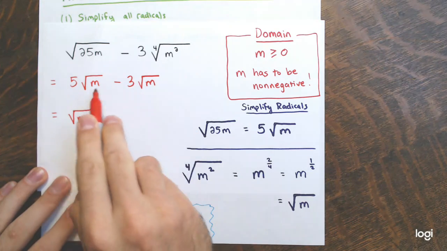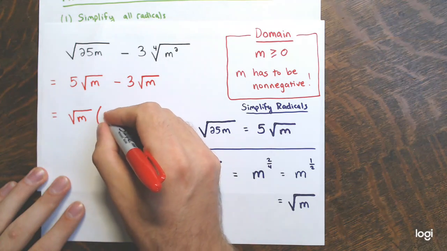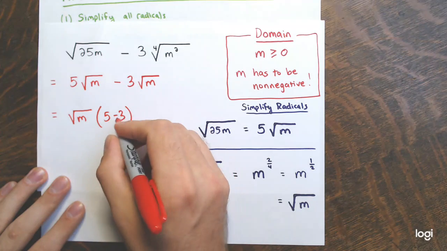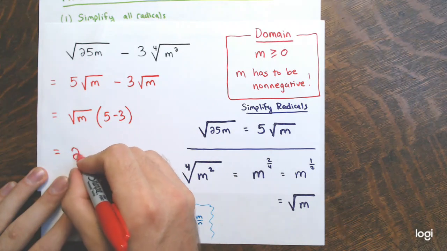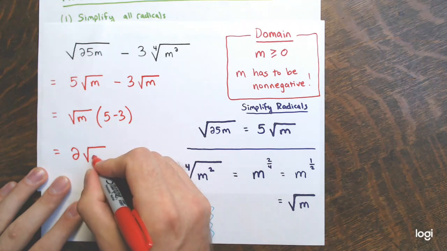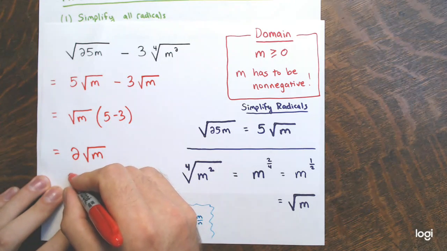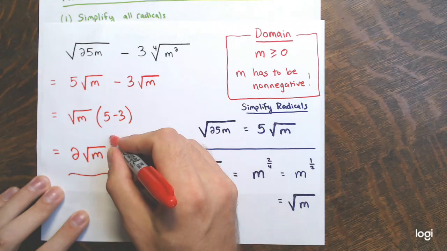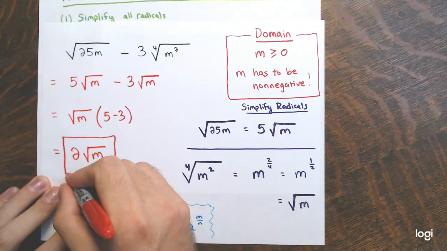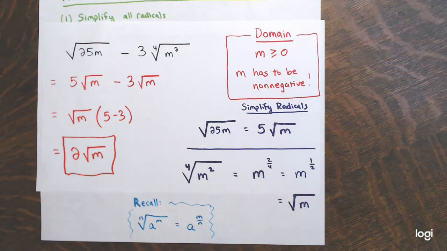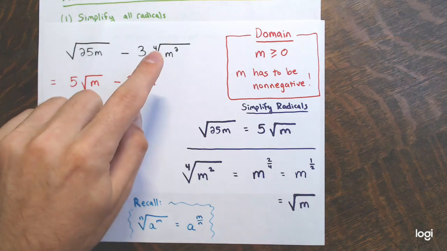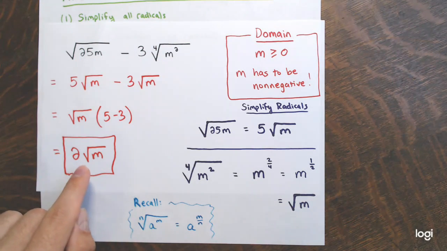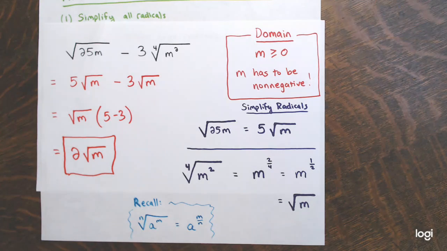And when I pull out the square root of m, the factor remaining is 5 minus 3. 5 minus 3 is 2. And I'll pop that in as the first factor: 2 times the square root of m. And that's as simple as that can get, a single term with a single radical. So this weird thing up here where the two radicals have different indices is equivalent to this very simple statement, just 2 times the square root of m.